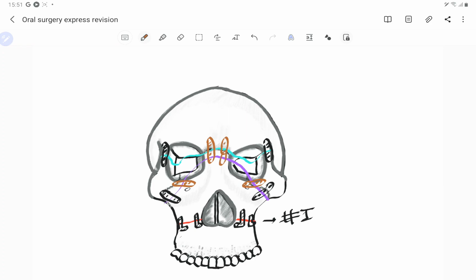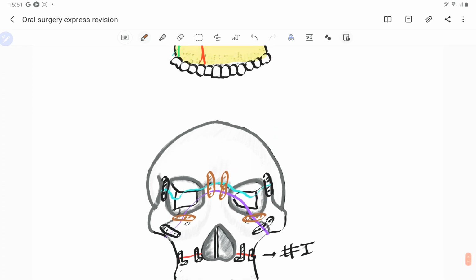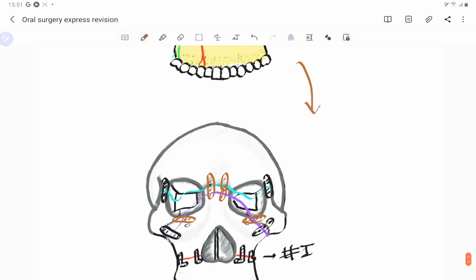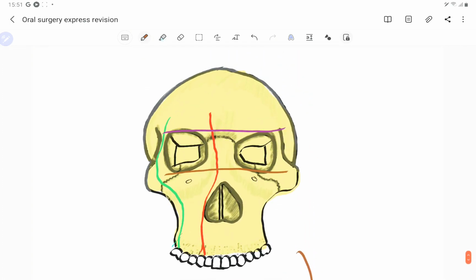So I'm just going to make one big like this. So that's how you can utilize these buttresses and put the mini plates at these buttresses. So we have the brown one, which is our inferior orbital rim, a horizontal buttress.